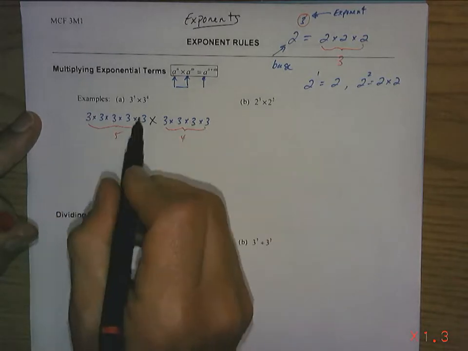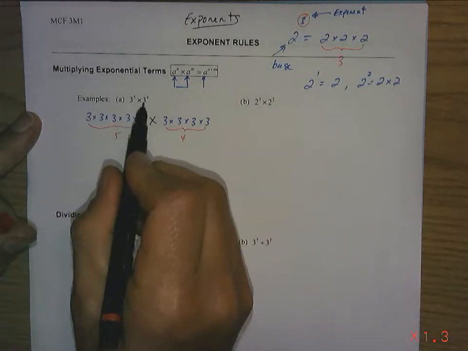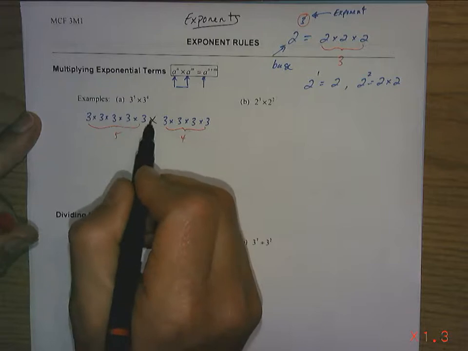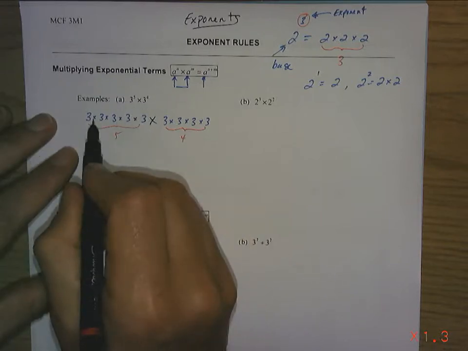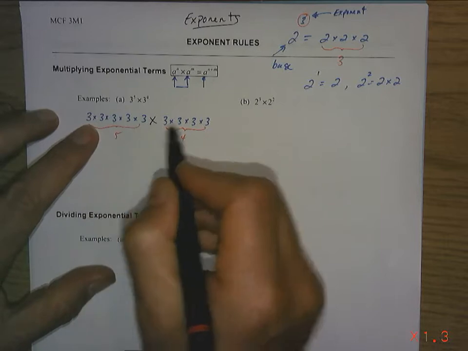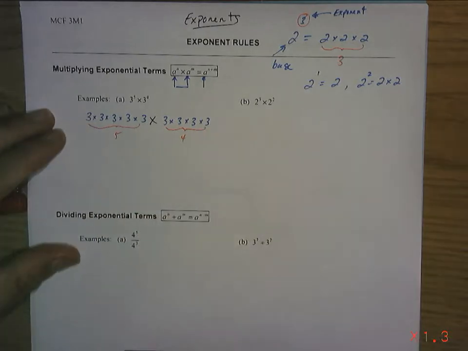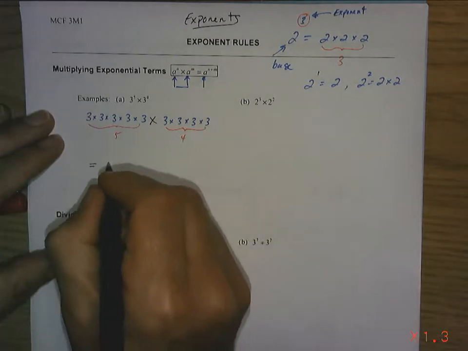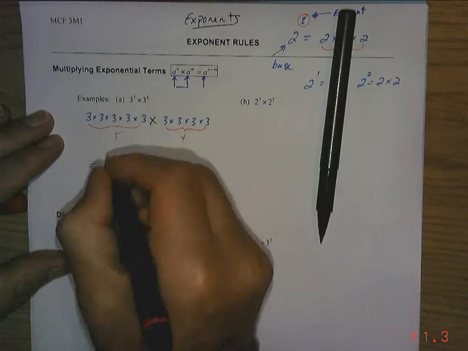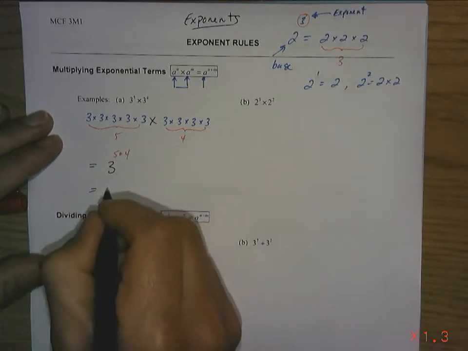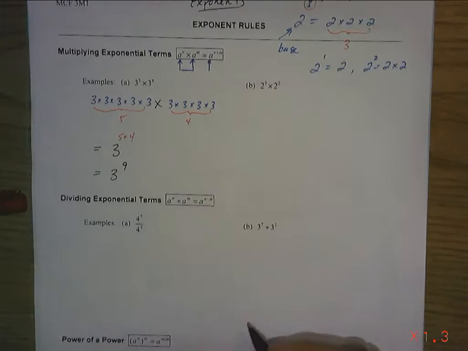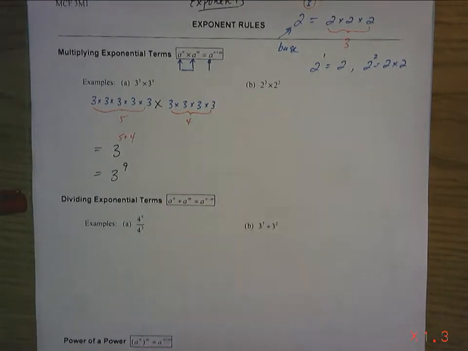So we have 5 3's from this one, and we have 4 3's from this one. And notice it's multiplying. So since the bases are the same, I have 5 of the base here times 4 more of the base here, which just goes to show you that it's going to be equal to the 5 plus 4 more, which is simply going to be 3 to the 9, which gives us this rule up here.